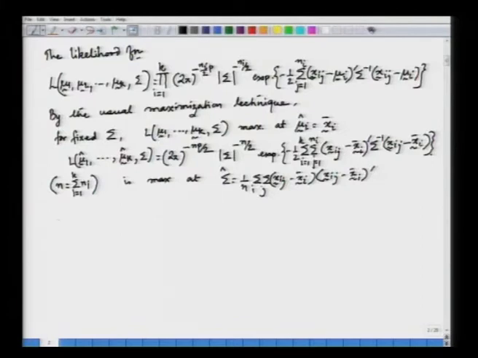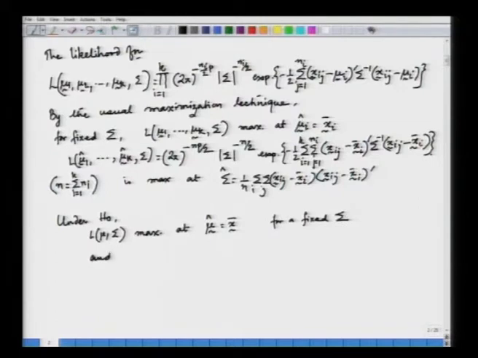Now, under H naught we have a simple situation for L(mu, sigma), because all the population means are now mu, and this is maximized at mu hat, the overall mean for a fixed sigma, and consequently the sigma hat under this restriction.